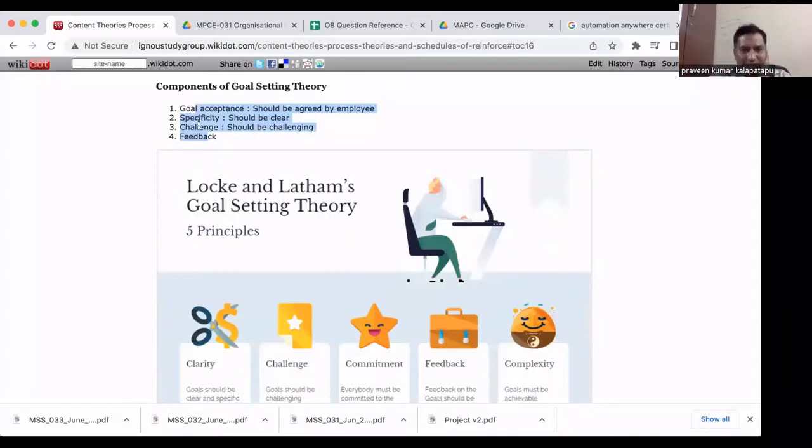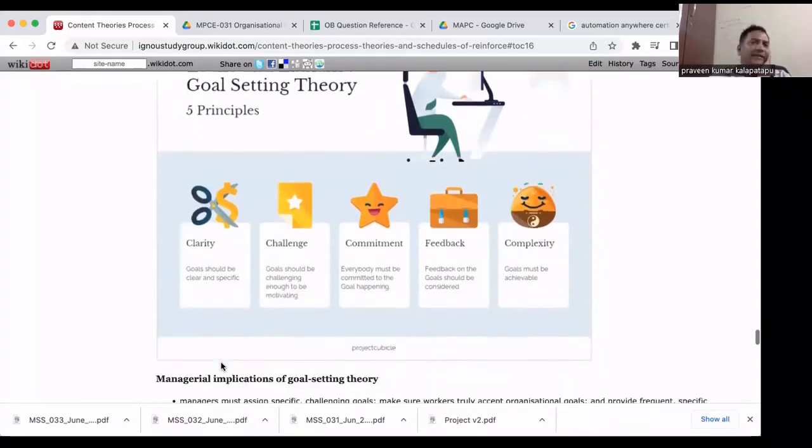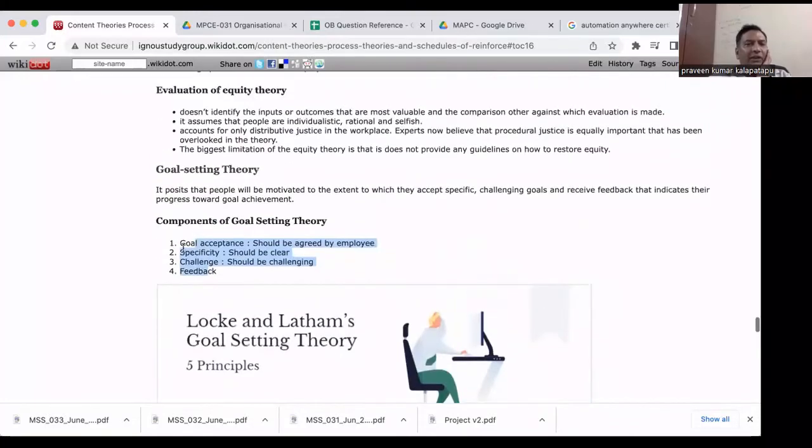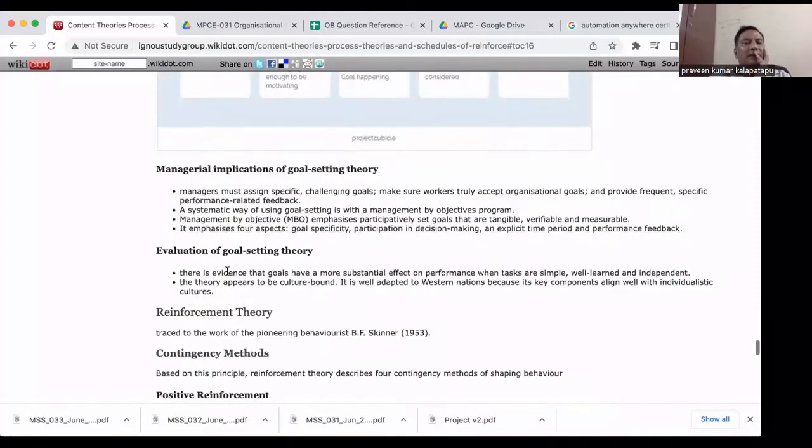Challenge is also there. Commitment is a new aspect. Feedback is there. Complexity. So commitment and complexity are 2 different things that are actually coming into the picture. Goal acceptance is not there on the internet as such. So I'm not too sure whether IGNOU and the internet are talking about the same theory or not, but the IGNOU theory talks about these 4 factors, 4 components.